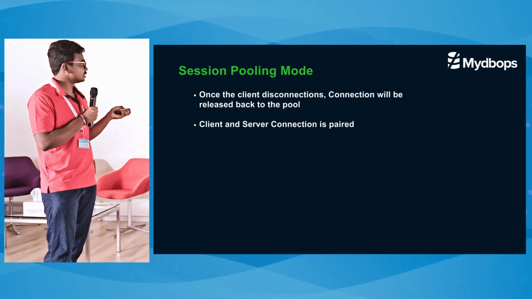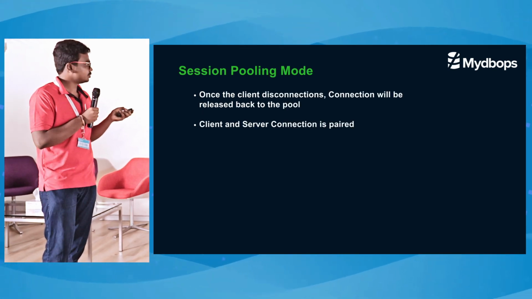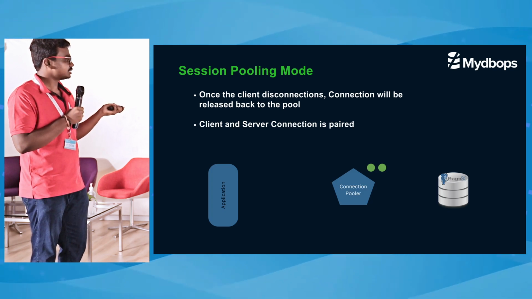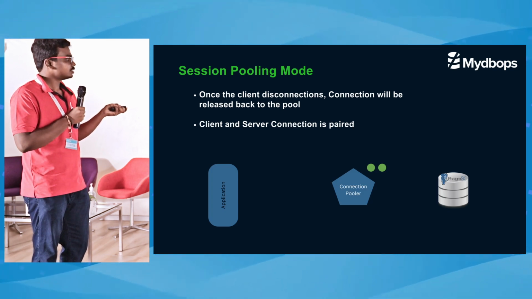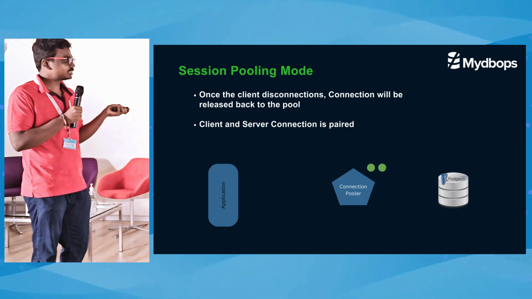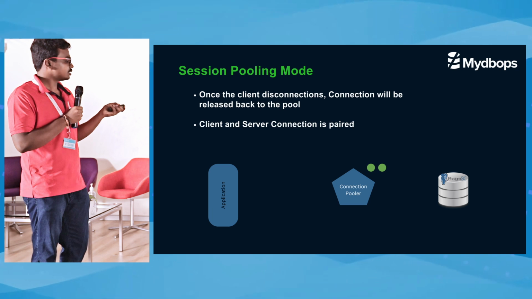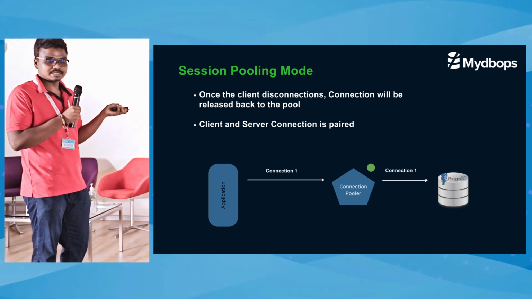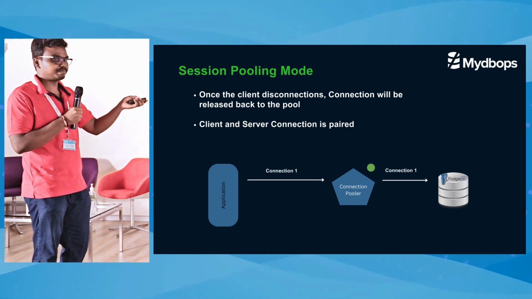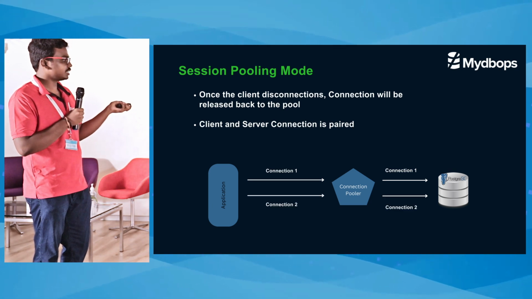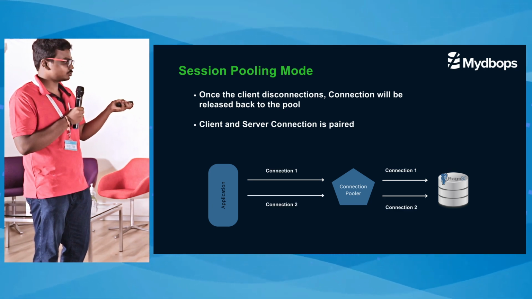Let's see session first, with an example. Once the application connects to the connection pooler, it checks for any connection available in the pooler itself. If a connection is available, it uses it and creates the connection to the backend database. If another connection is taken, another is available and it makes use of it.